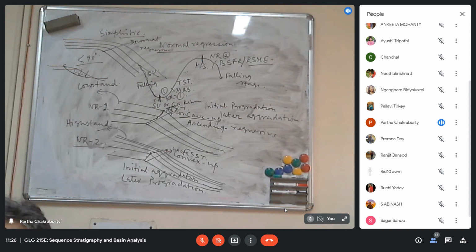What forms in transgression? You get the estuary, the receding beach, the coastal cliff. All these are products of transgression. In the forced regression, you get the submarine fan, the incised channel, the incised valley. All these are products of forced regression. So the different units are tied to different kinds of environments.